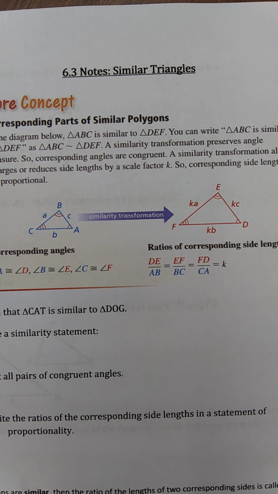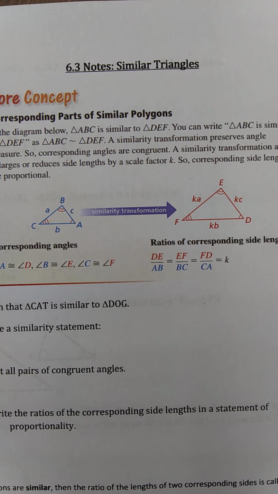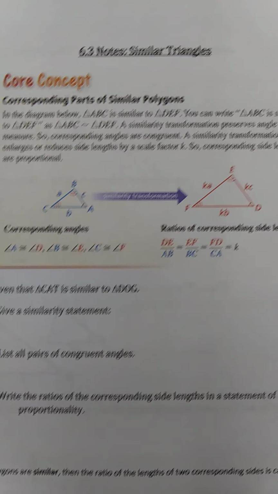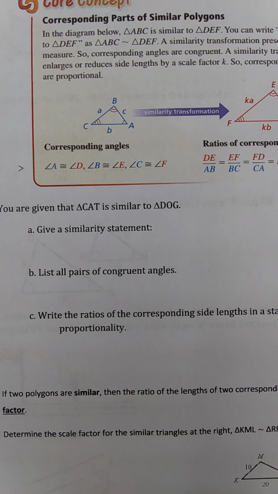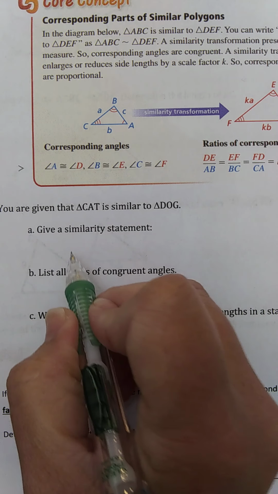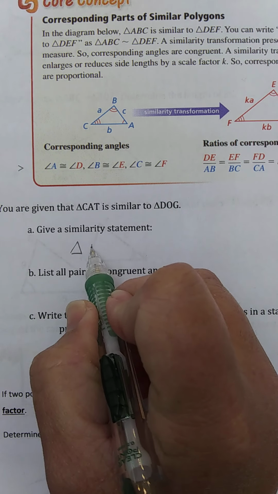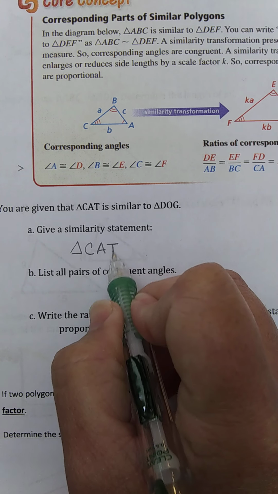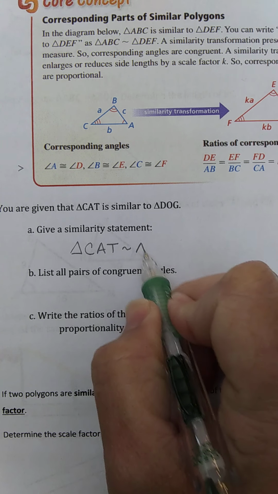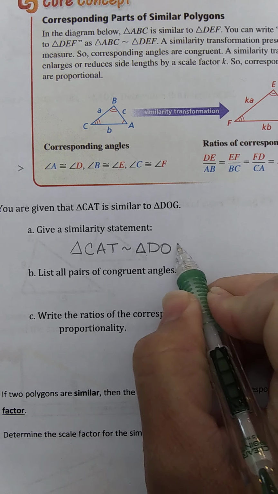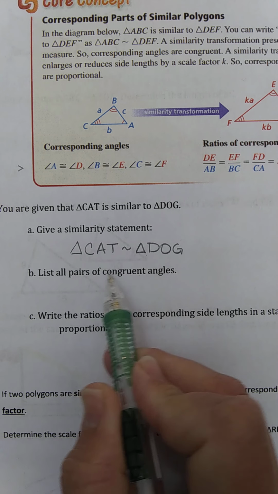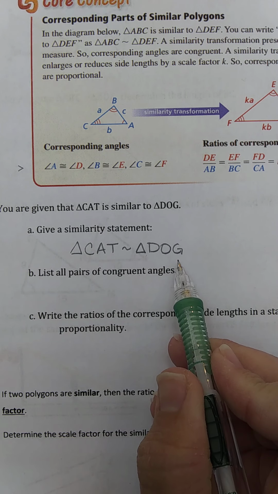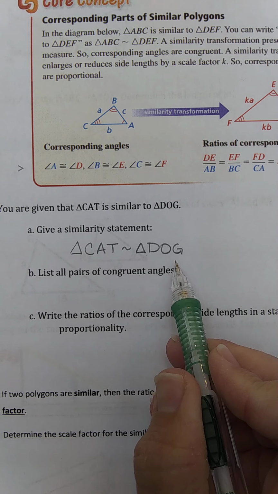So let's move into a couple of examples or pieces of information that we should be able to write or identify. You are given that triangle CAT is similar to triangle DOG. Give a similarity statement. So our similarity statement will be triangle CAT is similar to triangle DOG. Now because we have listed them in this order, we have set ourselves up for corresponding angles.